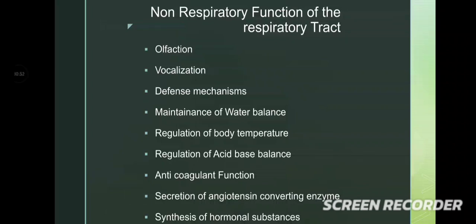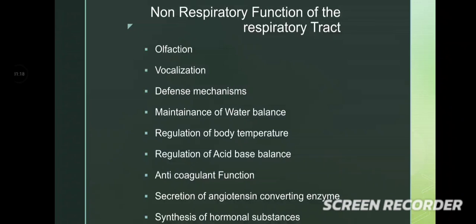And it also helps in maintenance of water balance. So during the process such as expiration, there's water that evaporates through the expired air, and some amount of body water is lost by this process. So it's able to regulate water balance and also regulation of body temperature. So during expiration, again, along with water, heat is also lost from the body.